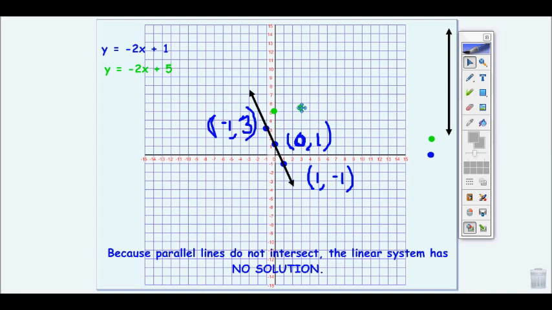My slope this time, again a negative slope, I'm going to go down 2 and over 1. And since I did it with the blue, I'll do it here too. Up 2 and over 1 to the left. And let's get our line in there.